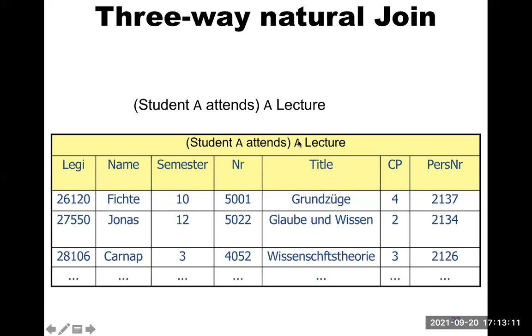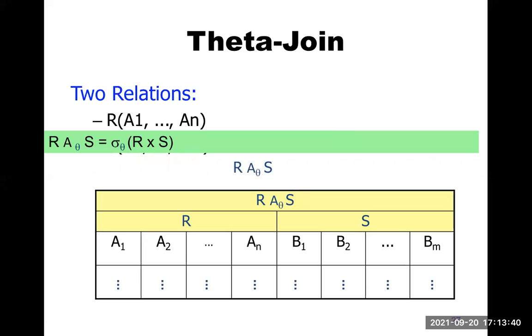And then if we join lecture, the number of lecture will be used. So student and attends have a student ID in common. Attends and lecture have number in common. So natural join will use number to look up a lecture that describes this attendance record, and add title and so on and so on. So natural join may be performed in multiple steps.